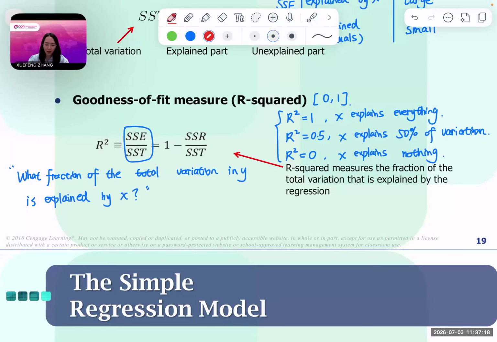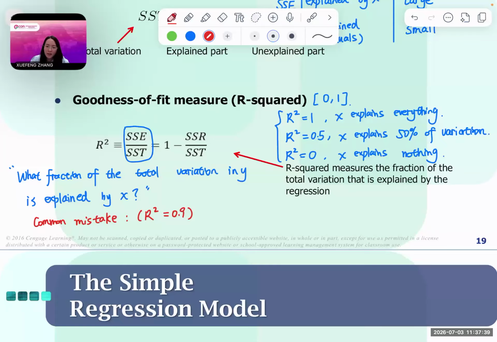Here is a common mistake. Suppose we have R squared equals 0.9. What does it mean?